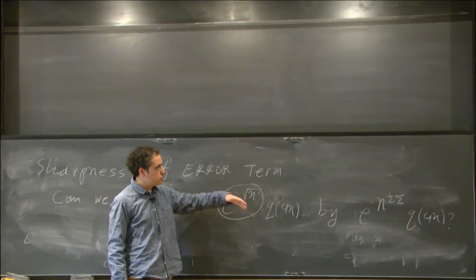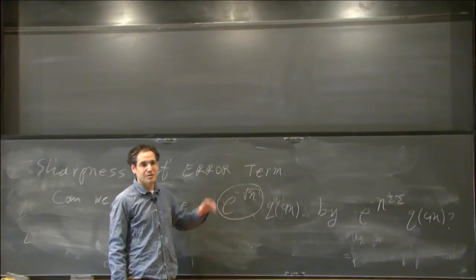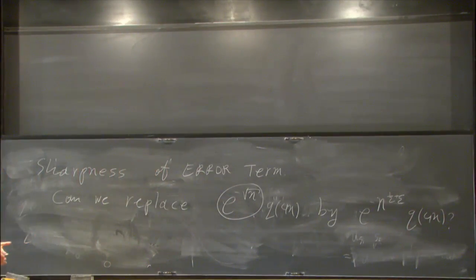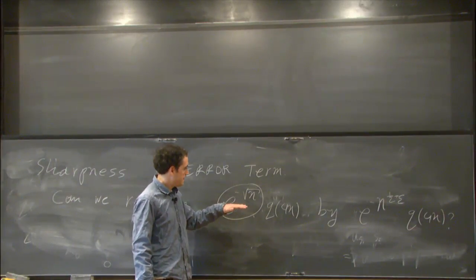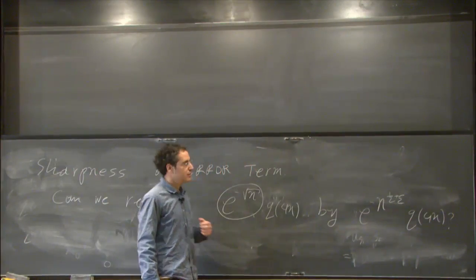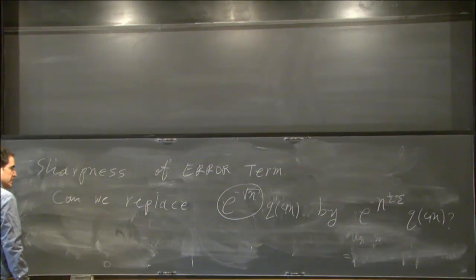If you check the sharp error term for n choose k, this is the best error you can do. Another formulation of the question is, can we construct a harmonic function for which the q function will look like n choose k? It turns out not to be an easy question.